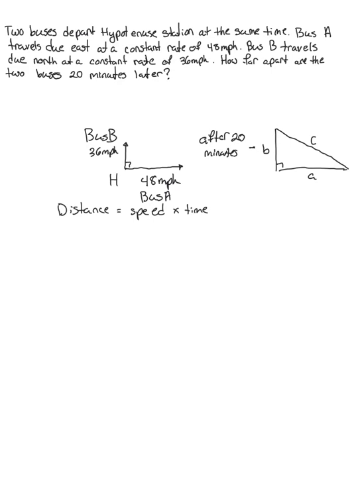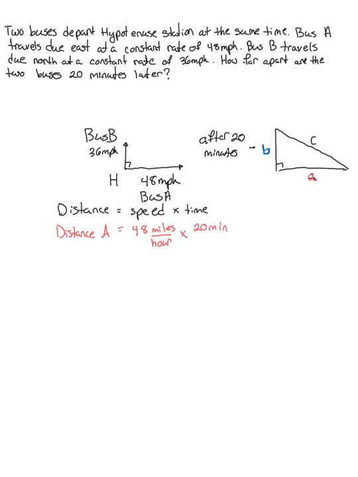Let's go with distance for A, and let's make that red, and we'll go with blue over here eventually. Okay, distance A. It's the speed that A is going at, and that's going to be 48 miles per hour times the time, and the time for this is 20 minutes.